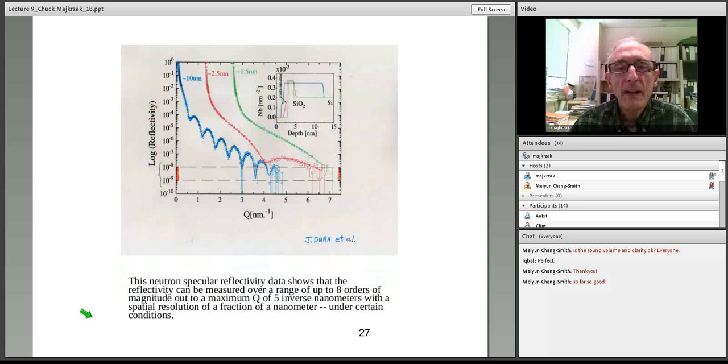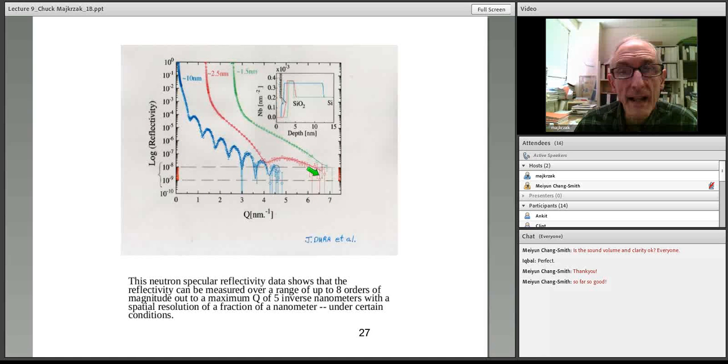Okay, what is this sensitivity? What can we typically measure with neutron reflectometry in the specular condition? Well, it turns out that it's possible with the state-of-the-art reflectometers at various facilities around the world to get down to about 10 to the minus 8, almost 10 to the minus 9 in some ideal situations in reflectivity. That's many orders of magnitude.